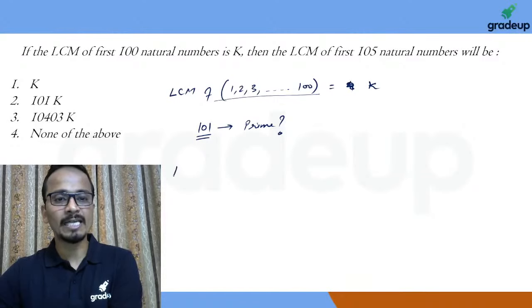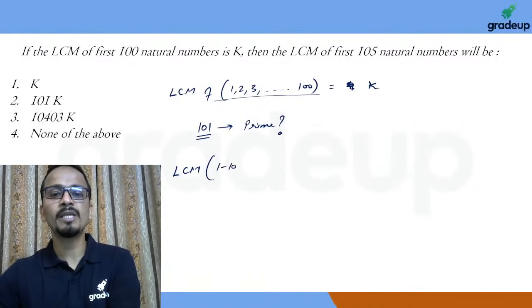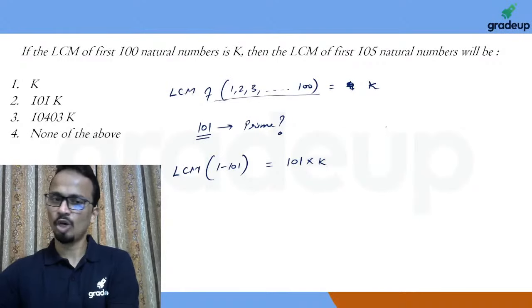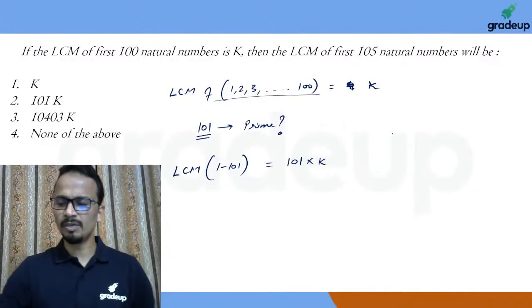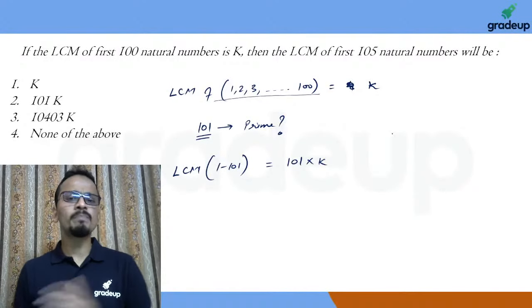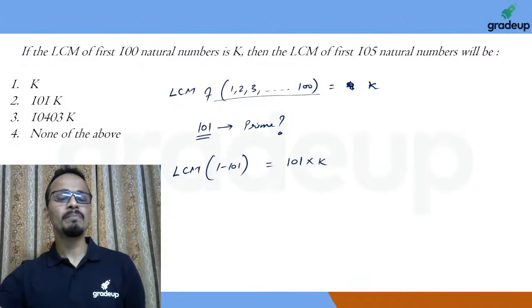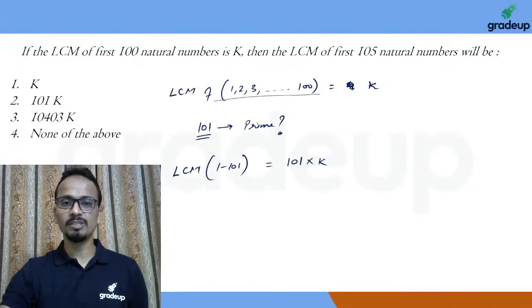So I can say that the LCM of numbers from 1 up till 101 will be equal to 101 multiplied by k. So I've just considered one number.